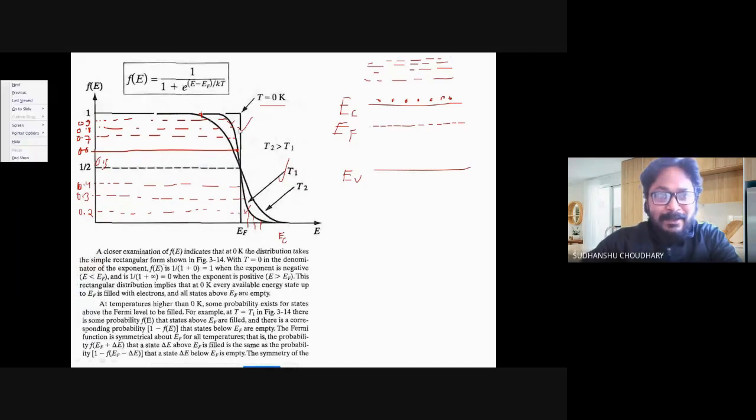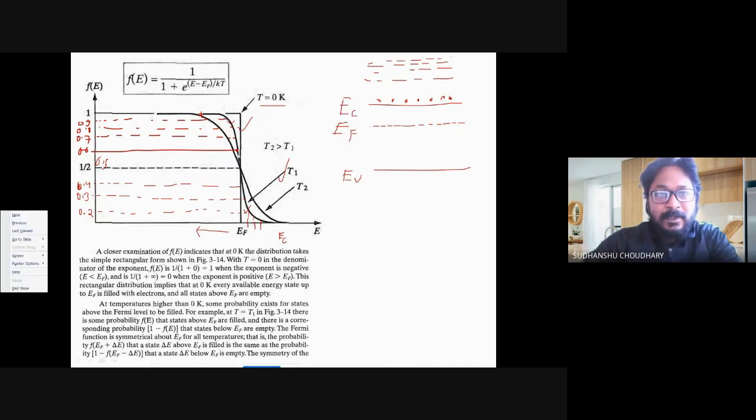So for energies below EF, the probability of finding an electron is increasing as you move below EF. So this Fe is becoming 1.